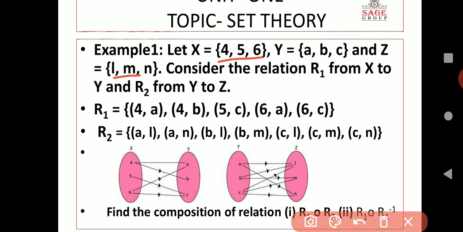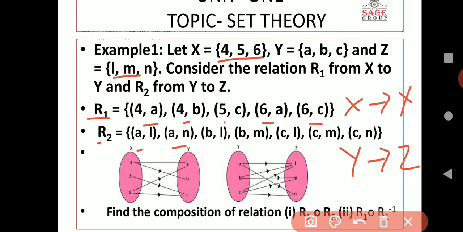Consider a relation R1 from X to Y and a relation R2 from Y to Z. R1 is equal to {(4, a), (4, b), (5, c), (6, a), (6, c)}, and the other relation R2 from Y to Z is {(a, l), (a, n), (b, l), (b, m), (c, l), (c, m), (c, n)}.